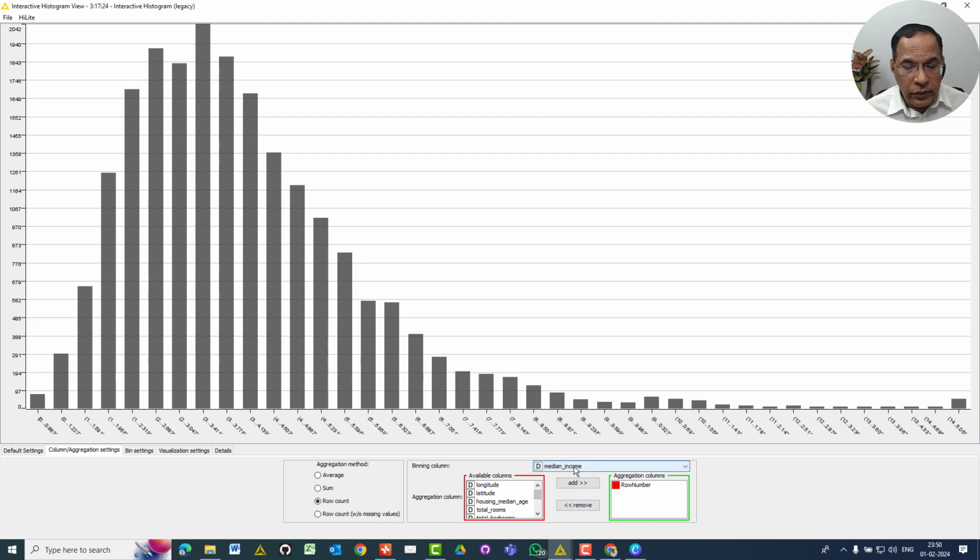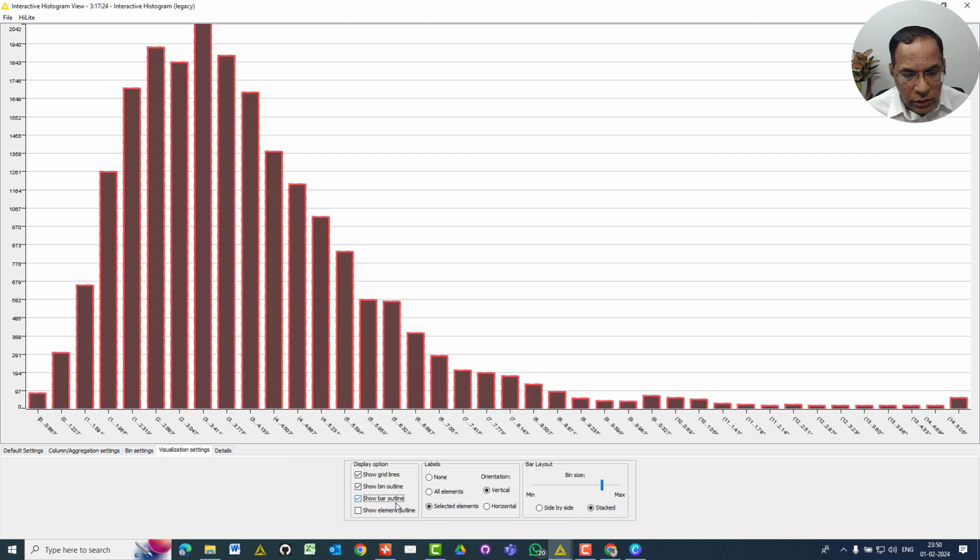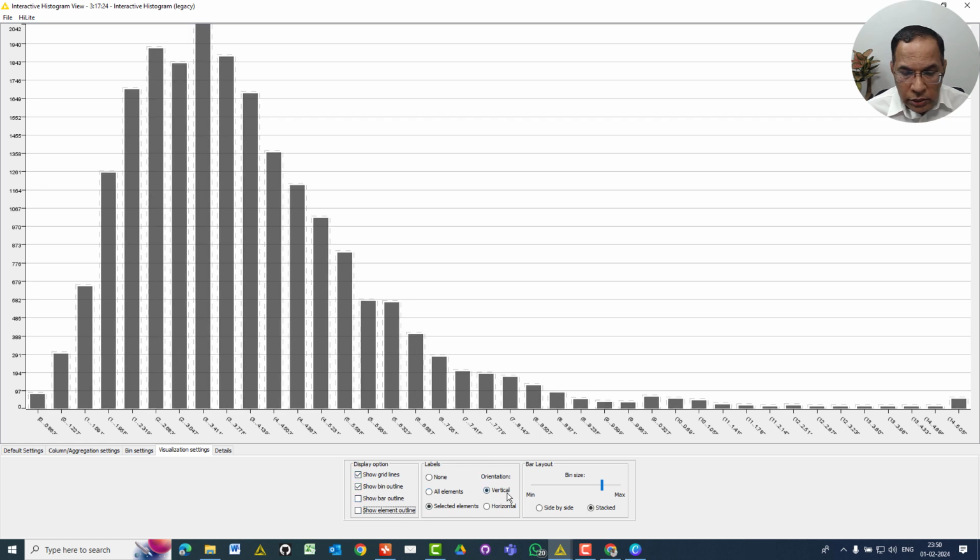Now let's look at other pieces. So for example, now I'm looking at median income, and we can see that the income starts with, let's say, for example, what is this? I think there should be a visual to show the bin outline, not the bin outline, bin. So there should be an element that should come up mostly, but okay, we will figure out that part later.